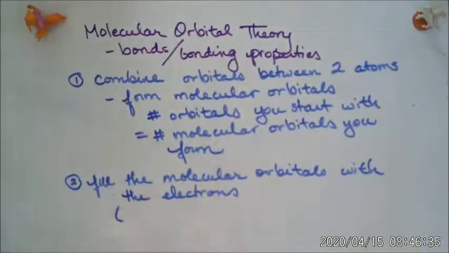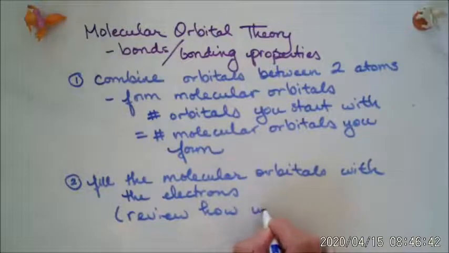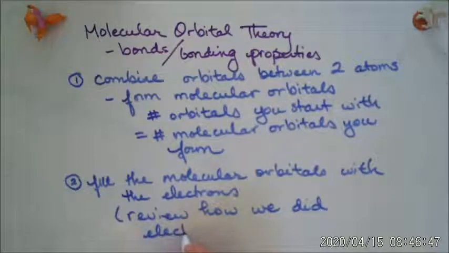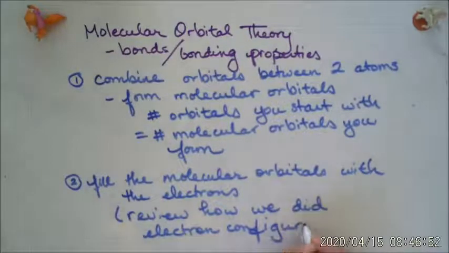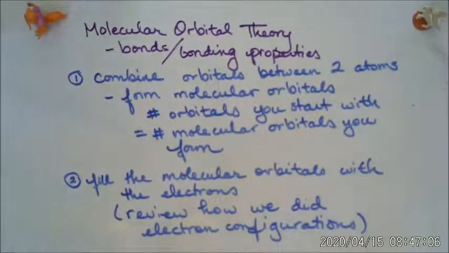So, you can review how we did the electron configurations. In electron configurations, we just looked at the energy and we were just given the S and the P and the D and the F. And in this case, once we start going to molecular orbital theory, and like we did with atomic orbitals for hybridization, okay, we made our orbitals first and then we filled it.